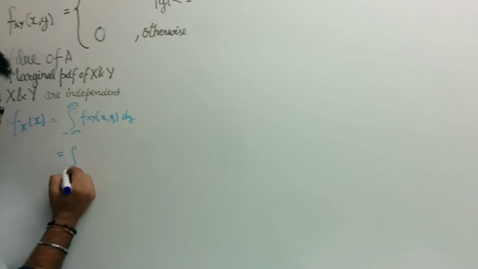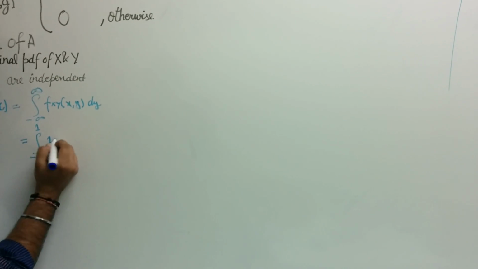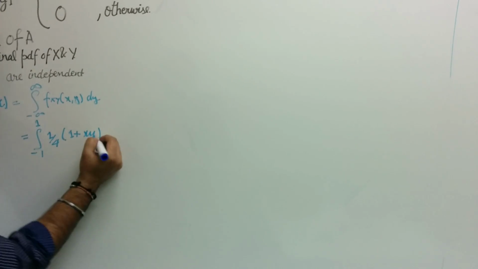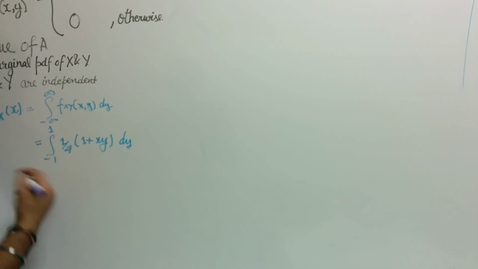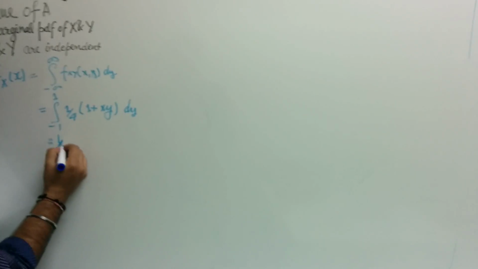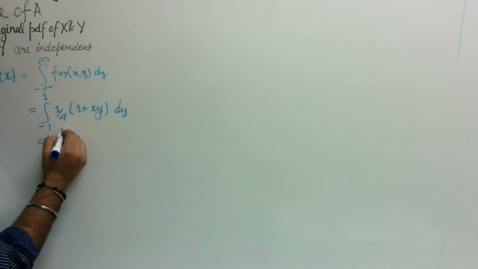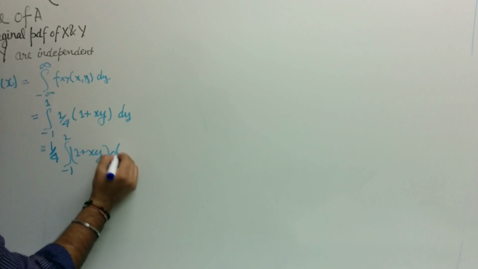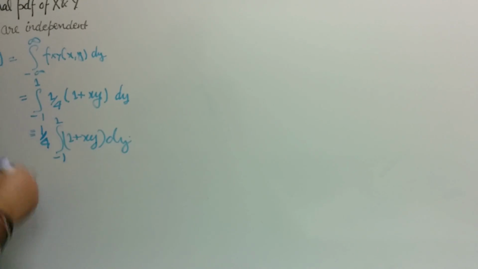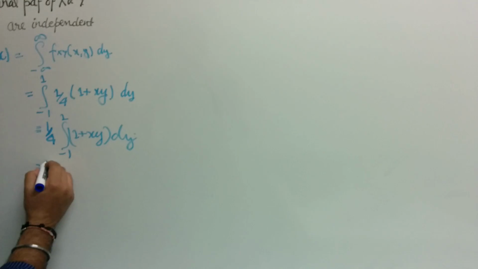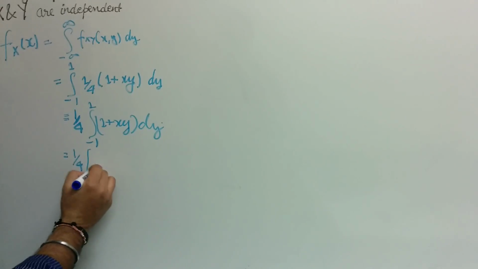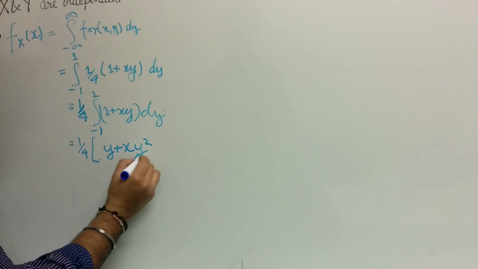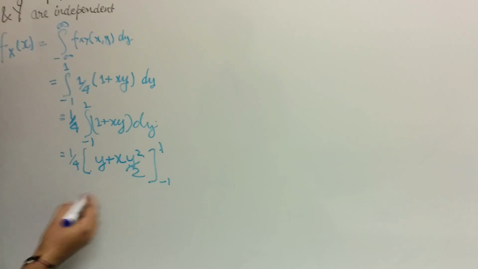So that would be the integral from -1 to 1 of 1 by 4 (1 + xy) dy. Taking the constant out, we have 1 by 4 times the integral from -1 to 1 of (1 + xy) dy. Now on integrating with respect to y, we get y plus x y square by 2 from -1 to 1.